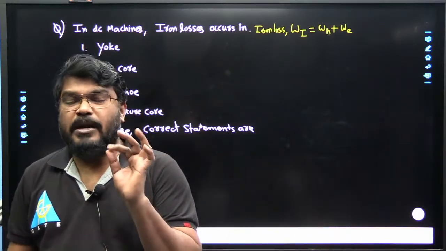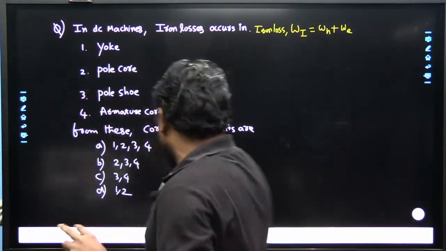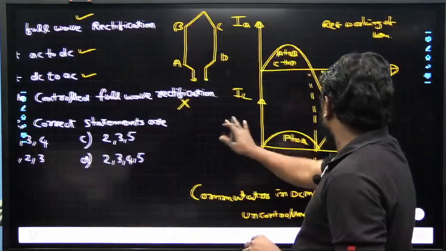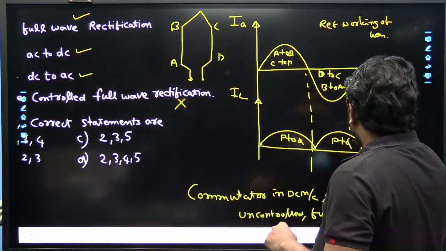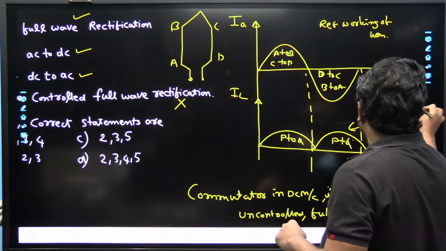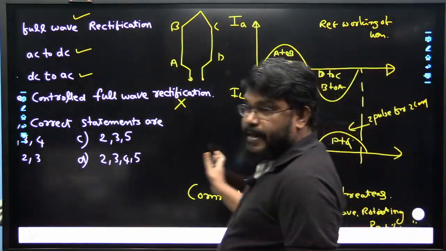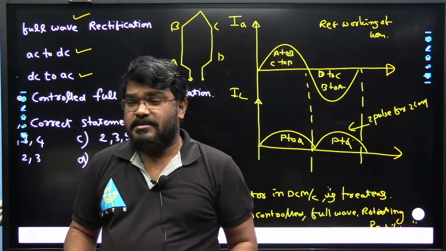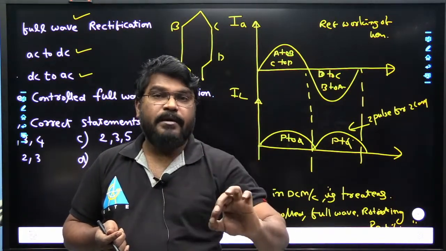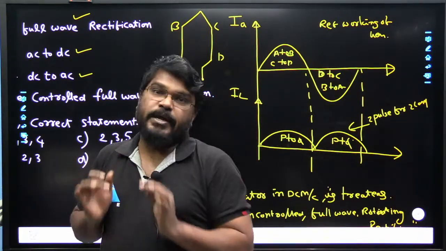Here, for two conductors we get two pulses. Okay, per how many conductors? Per two conductors. Suppose I place n number of conductors, that means pure DC nature of the current can be obtained across the output terminal.